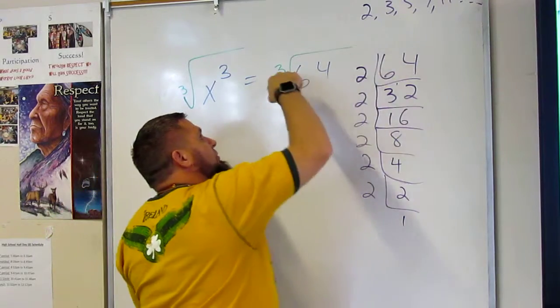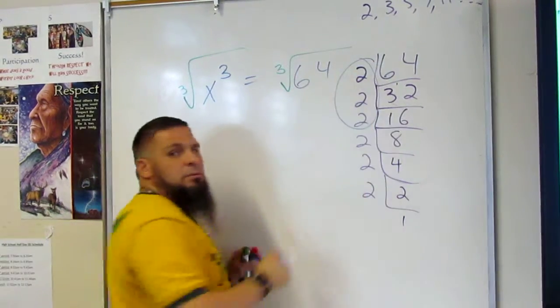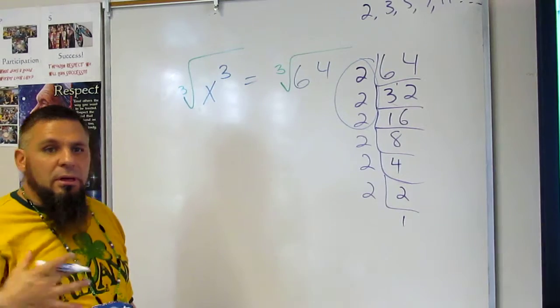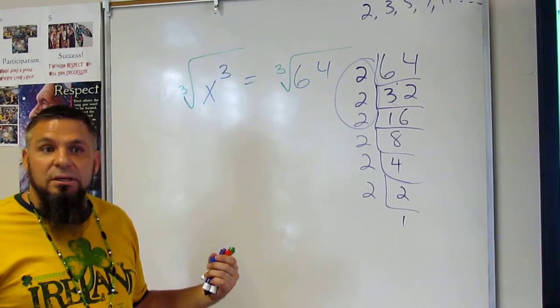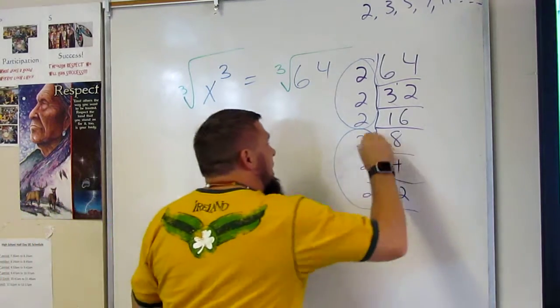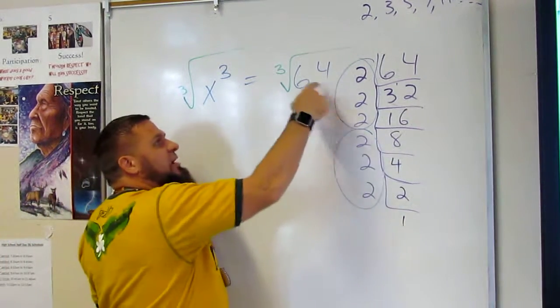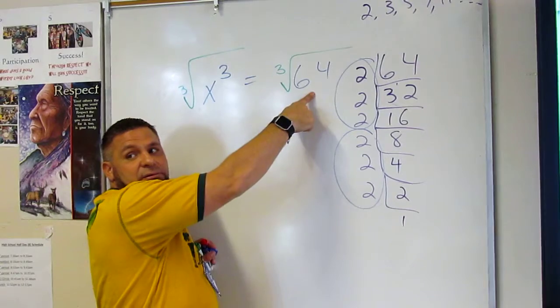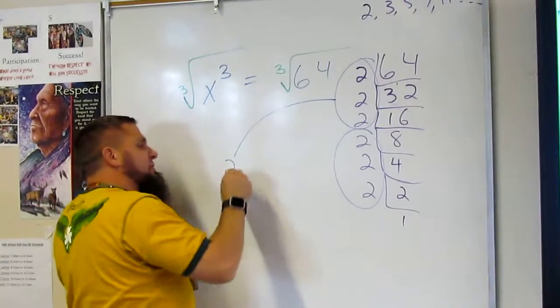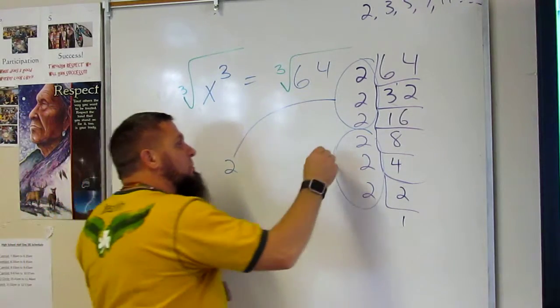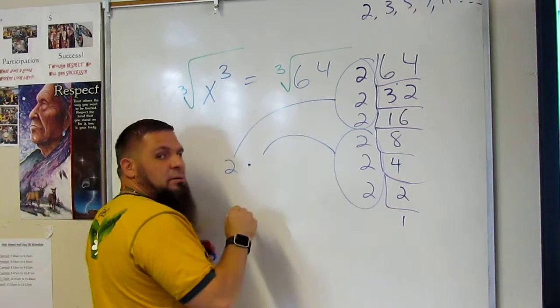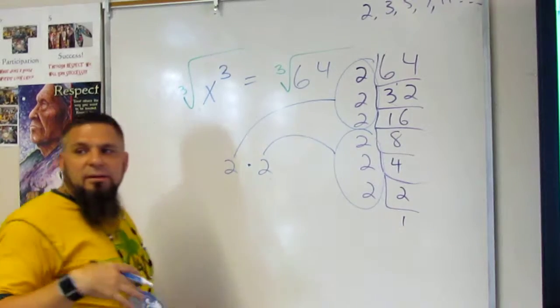I'm going to circle 3 of these 2s, and then circle another 3 if I can. Can I circle another 3? I'm going to trade 3 of these 2s that are inside here for 1 outside.